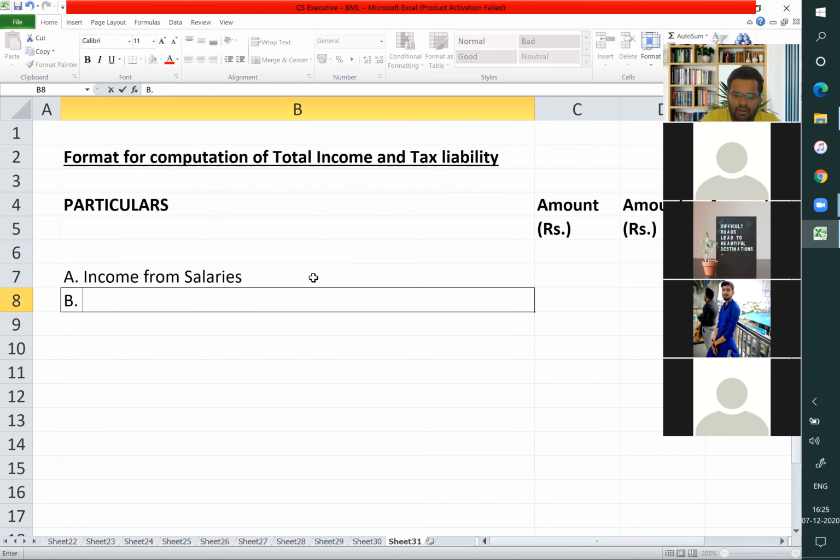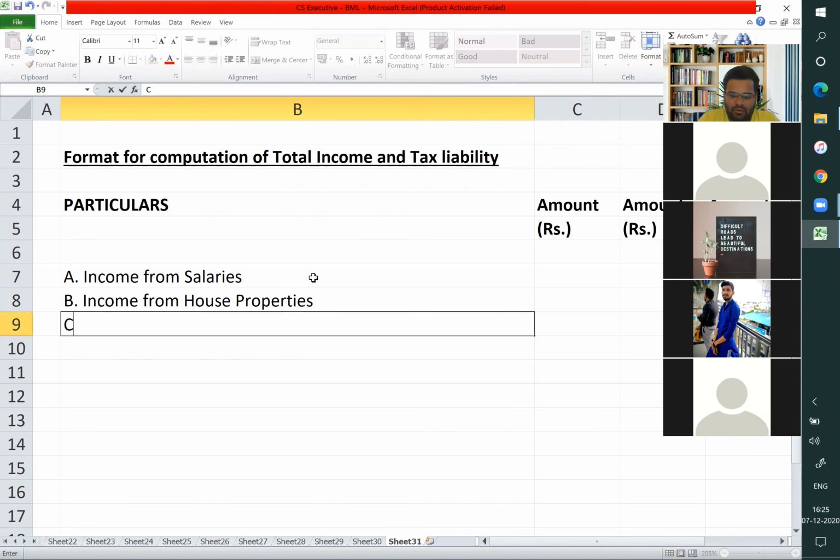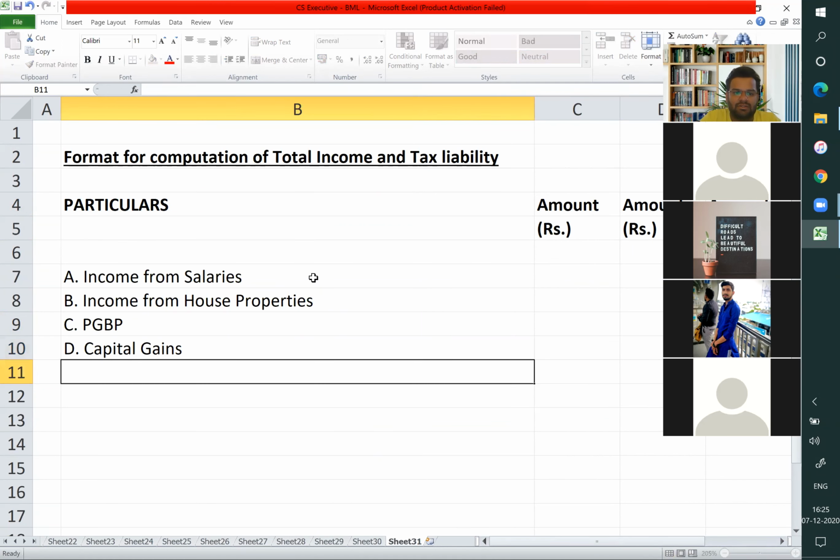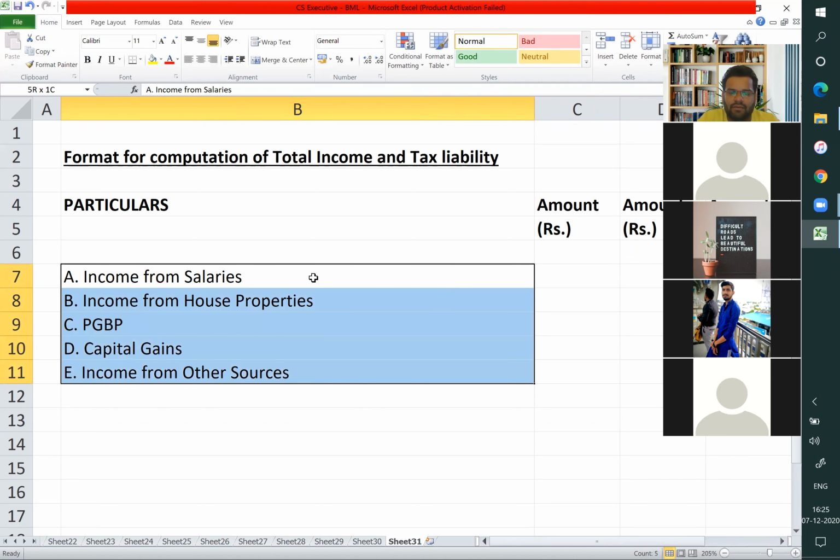Then income from house property. Then profits and gains from business or profession. Then capital gains. Then income from other sources. So these five heads.